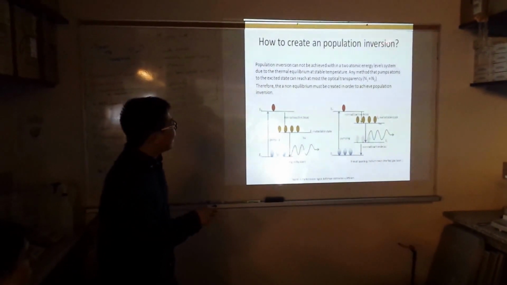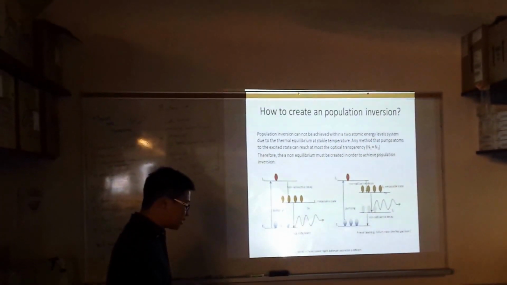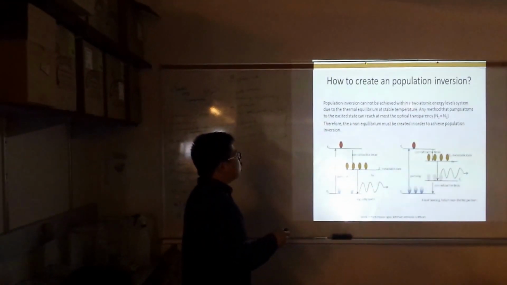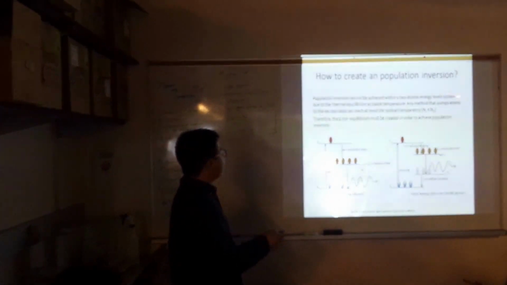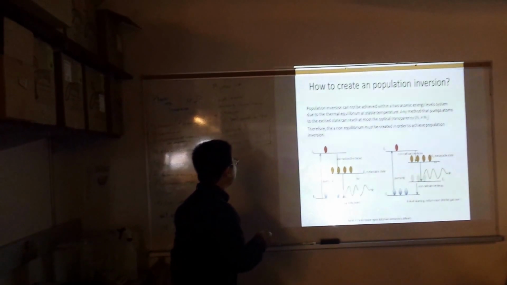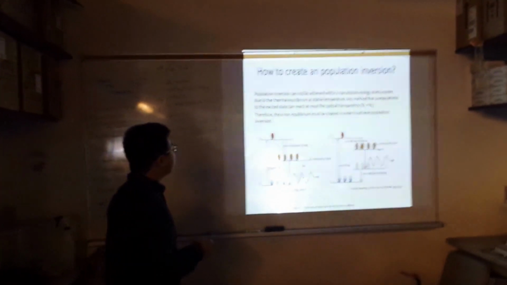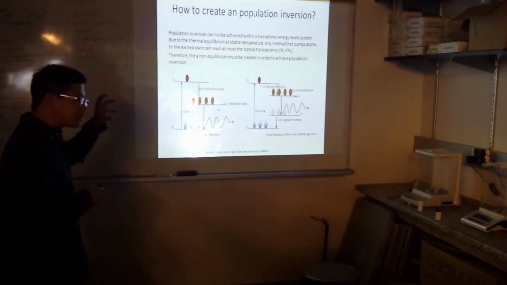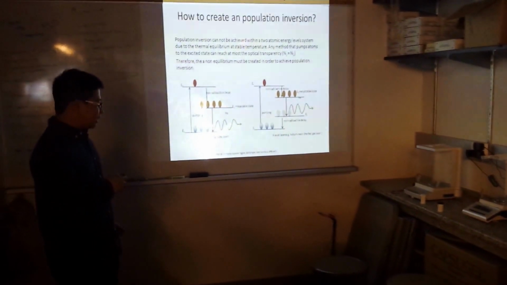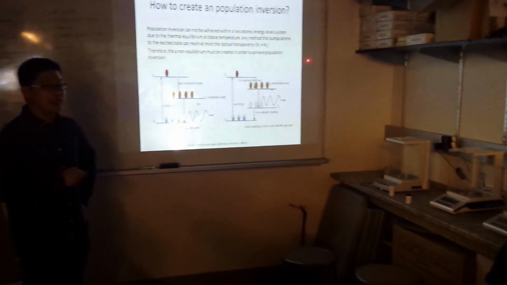So how do we create a population inversion here? Population inversion can hardly be achieved naturally in a two-level atomic system. Sorry, this part didn't come out as I expected, due to thermal equilibrium, and therefore the maximum you can do in a two-level system is optical transparency, which is N1 equals N2.